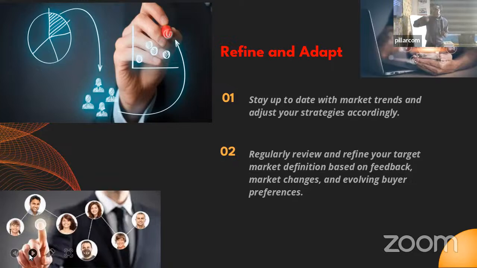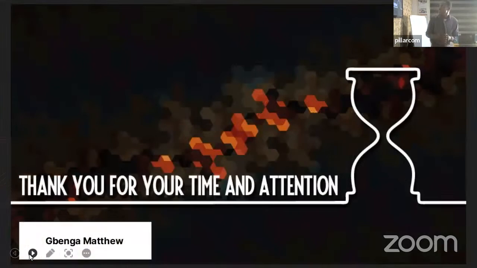Regularly review and refine your target market definition based on feedback, market changes, and evolving buyers' preferences. A lot of things are changing daily, so you have to understand this and be able to adapt as well. Having said this, we have taken you through how you can market your property. Thank you very much for your time. Really appreciate it.